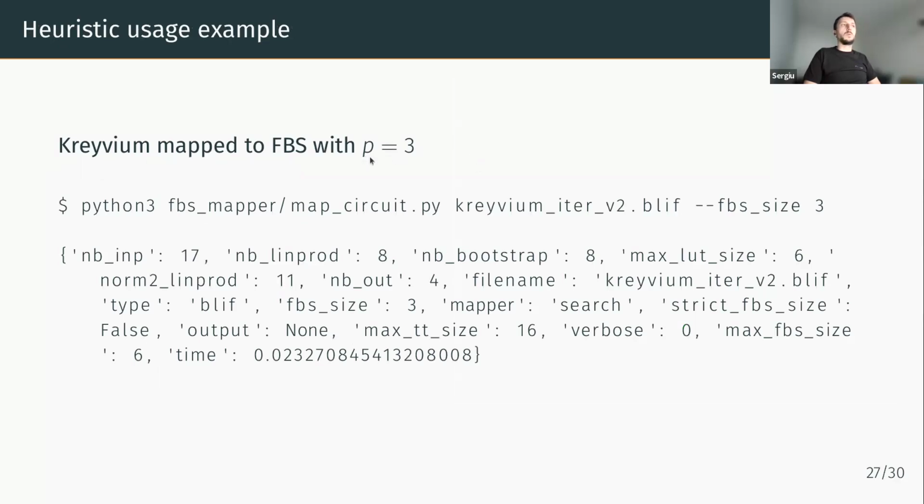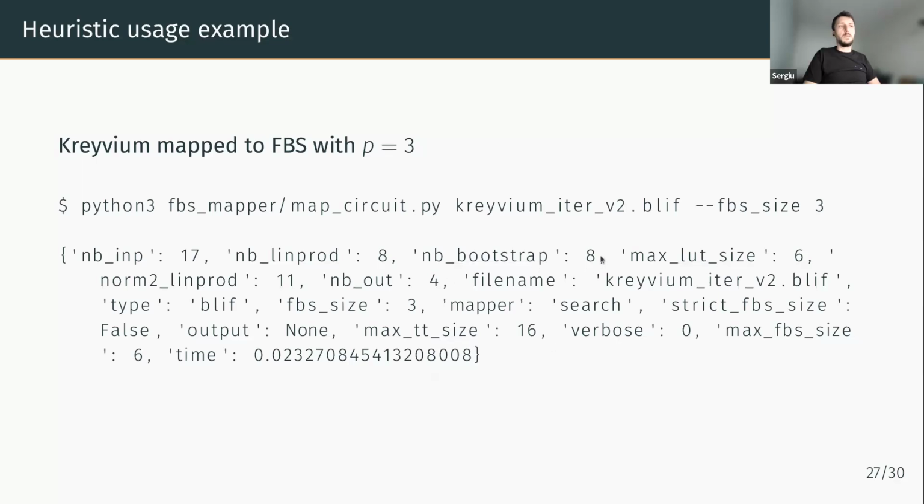Here's an example of how you can use the heuristic to map one iteration of Trivium to functional bootstrapping. You only call the map circuit, you give the file of the Boolean circuit you want to map, you give the functional bootstrapping size, and it will output some aggregates of the mapped solution.